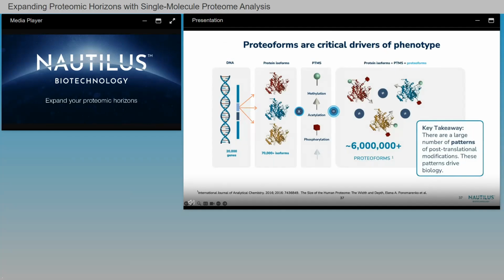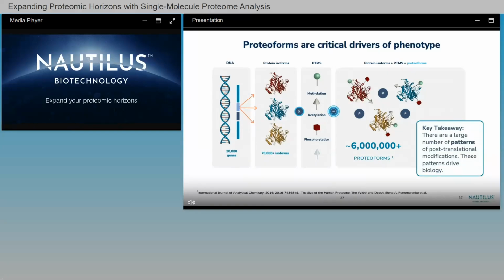A proteoform is really the product of those two variants. So one gene may give rise to hundreds or thousands of different proteoforms. Again, these variants of each individual gene-derived protein, these chemically distinct variants. And it's believed that these variants are critical drivers of the function of the protein within the cell.